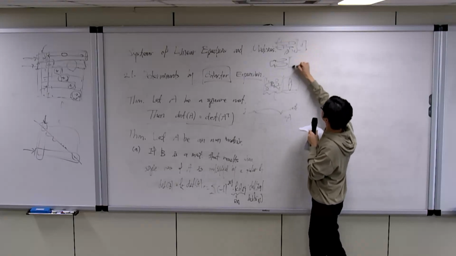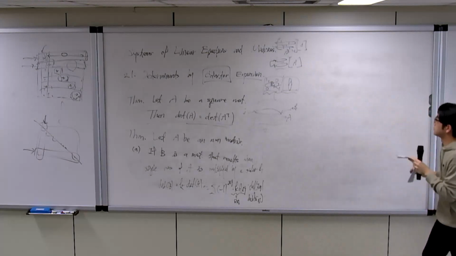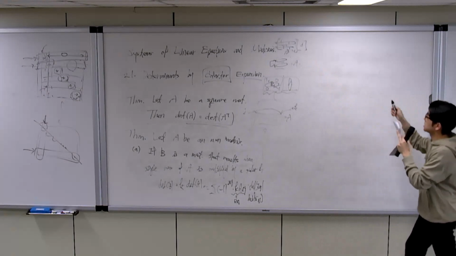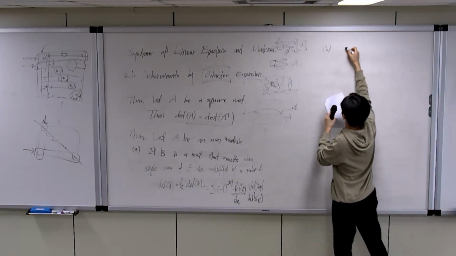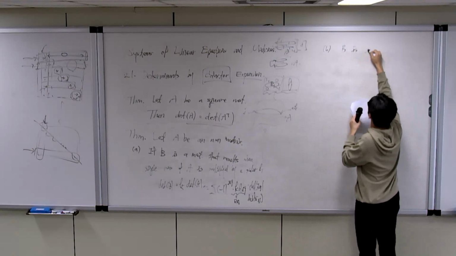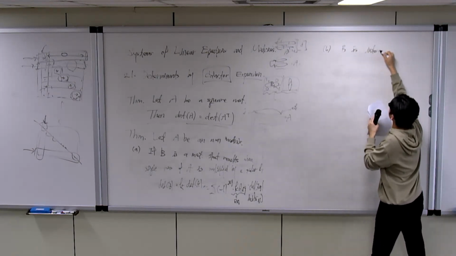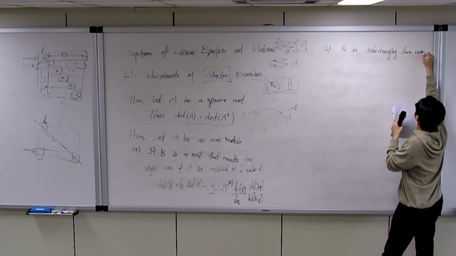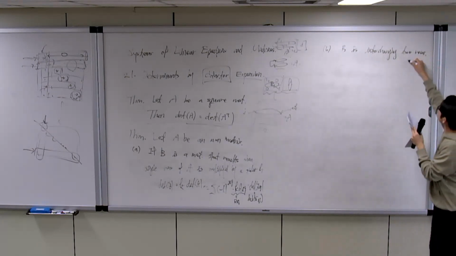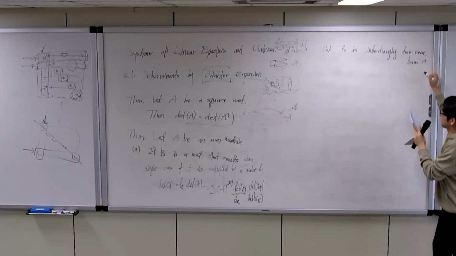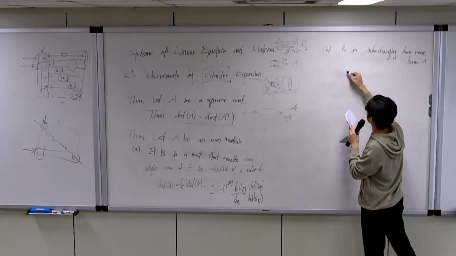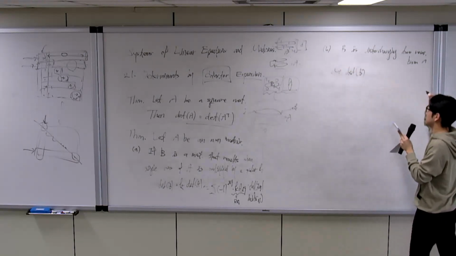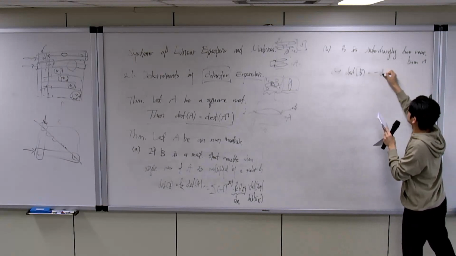So in this case, I will write simply B from A. Then its determinant, the determinant of B, is equal to minus the determinant of A.